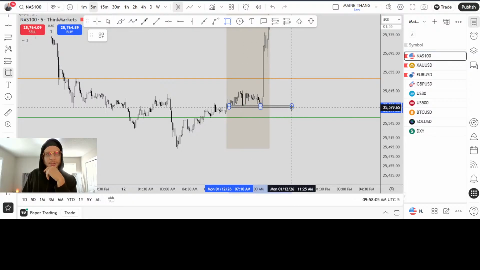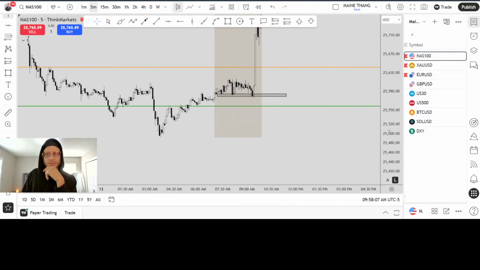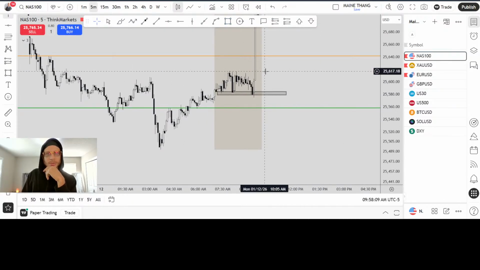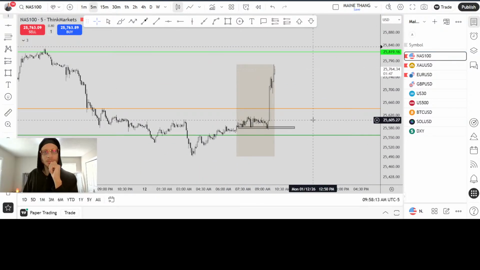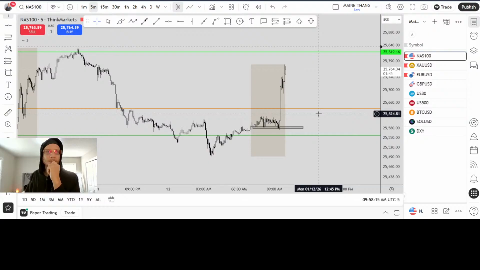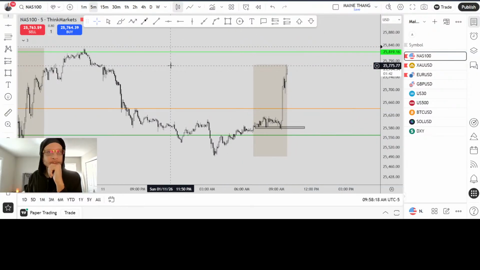Held this low pretty much. As soon as it broke that high, I could have entered. Good gap price right there. And it just hit.